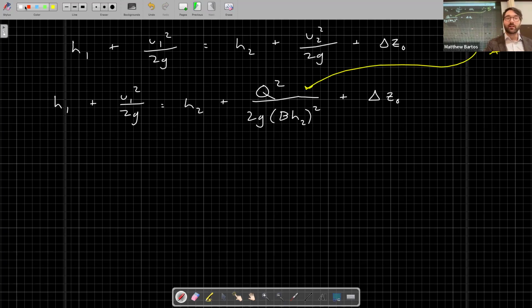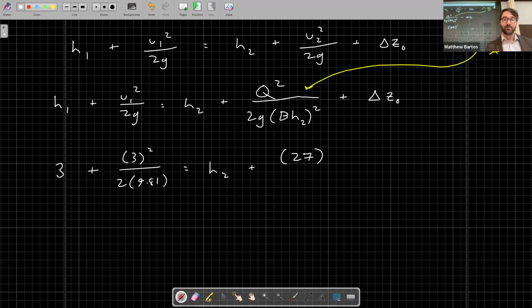Let's go ahead and plug in our numeric values. So we have 3 plus 3 squared divided by 2 times 9.81 is equal to H2 plus 27 squared divided by 2 times 9.81 times 3 squared, that is our B squared, times H2 squared.